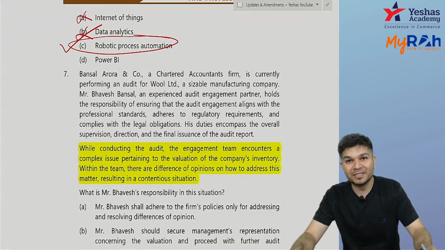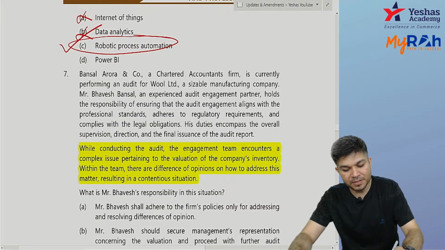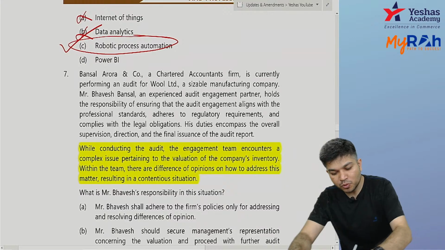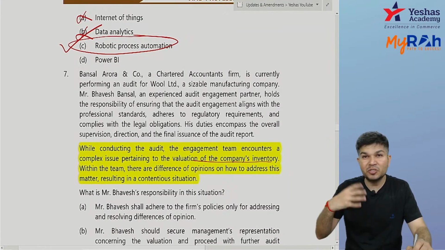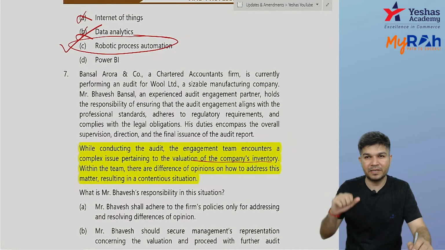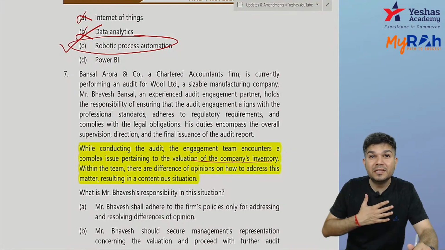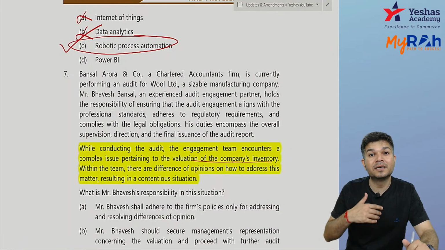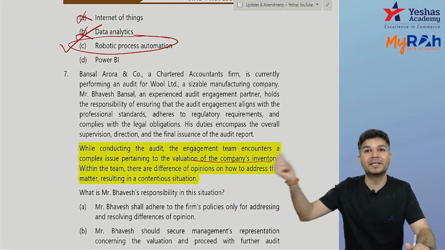While conducting an audit, the engagement team encounters a complex issue pertaining to valuation of inventory. Now see, whenever there are issues in the engagement team that you're not able to resolve within the team, take consultation. You need to take consultation within the firm or outside the firm.